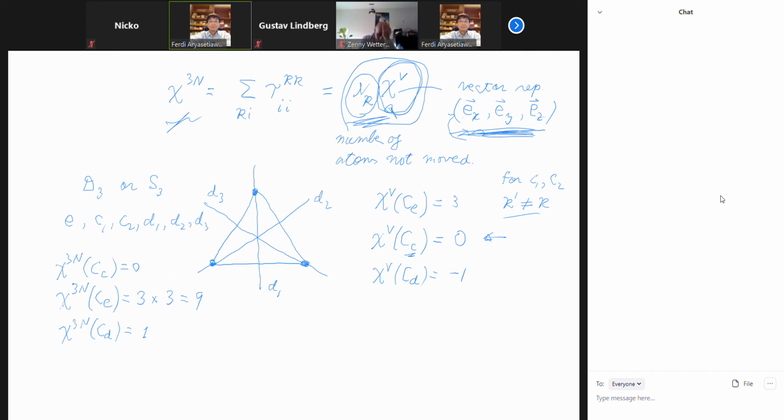So we look at D1, which is a rotation about this axis, D1. Then this atom is fixed. It does not move. So that's the only one that contributes. So it's 1, yes, times the character for the C. I think it is -1. And look it up. That's -1, like this.